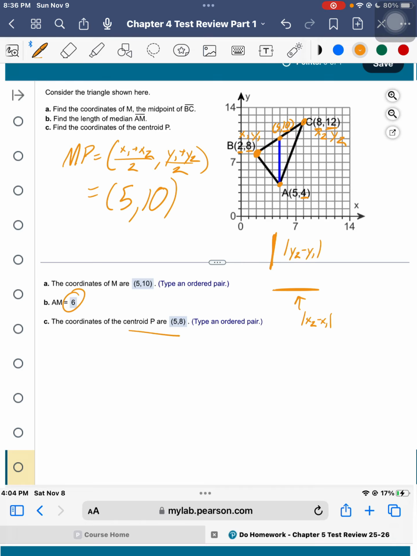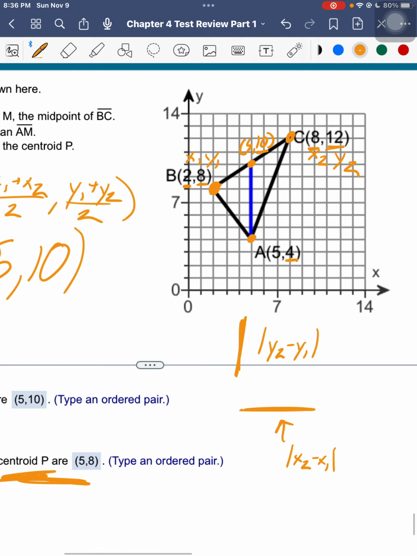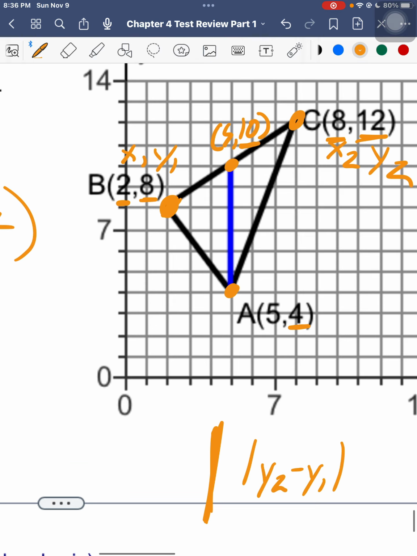Now, if I want to find the centroid of P, the centroid is where all the medians intersect. I know that on this median, the centroid is going to be at the 2/3 location. This length of 6, correct?